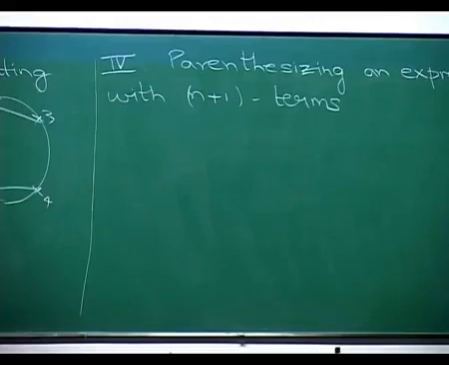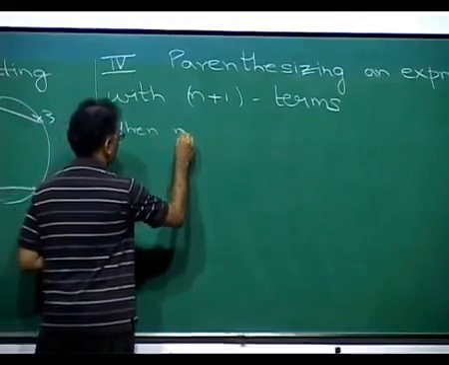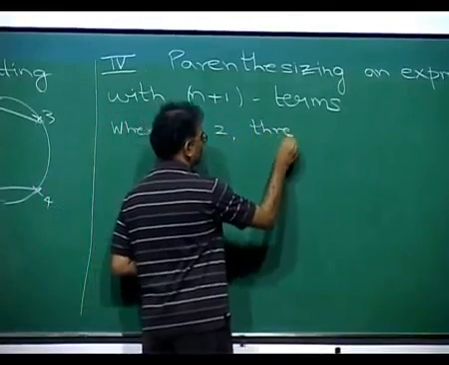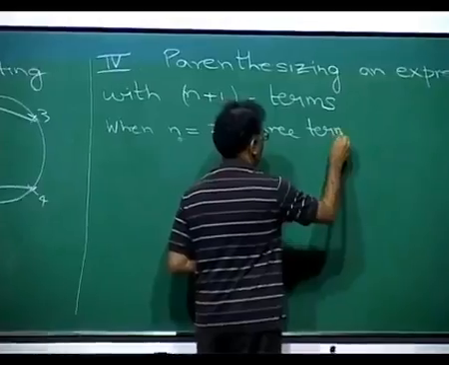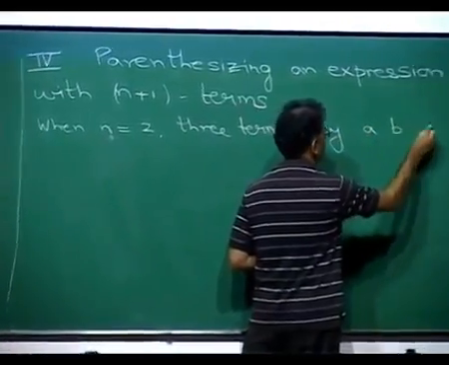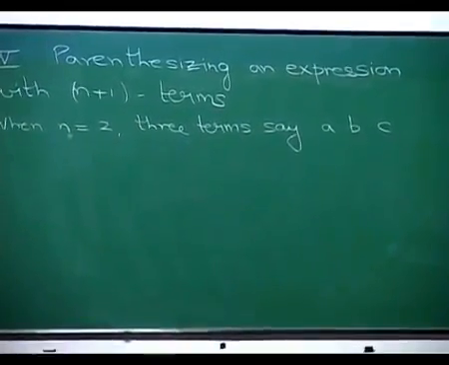When n equal to 2, you have three terms, say A, B, C. So you have 3 terms A, B, C, and you would like to multiply these.